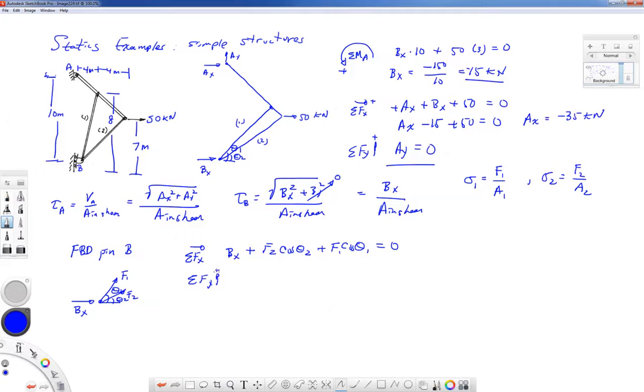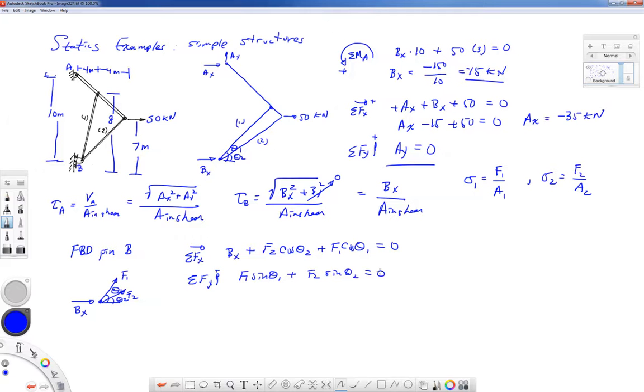Summation of forces in the y direction, we would have F1 sine theta 1 plus F2 sine theta 2 equal to 0. Now we know what Bx is, and hopefully we have enough information to find out the angles. So we need to solve for the forces.